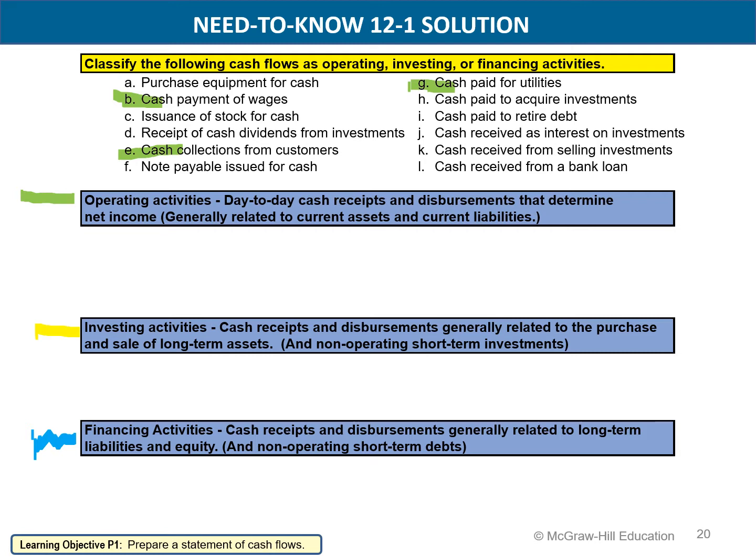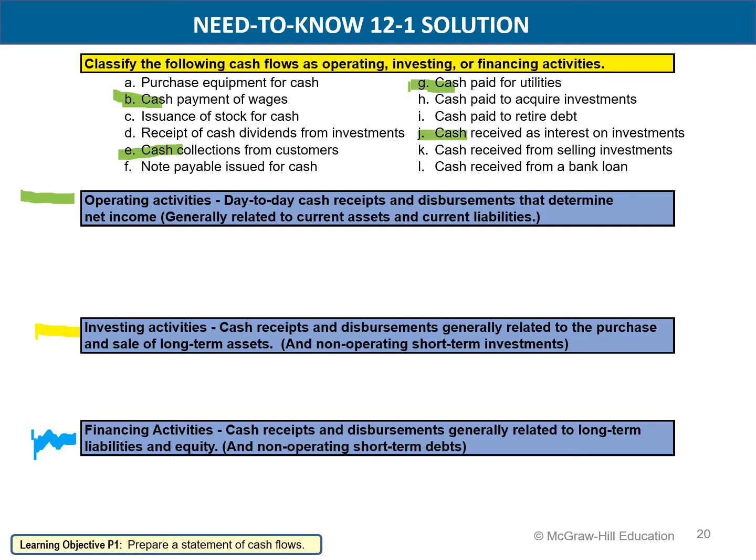When you're receiving interest or dividends on investments that you make as a company, that's considered to be a day-to-day cash receipt or disbursement, because that ultimately is helping to determine net income, like interest income or dividend income.